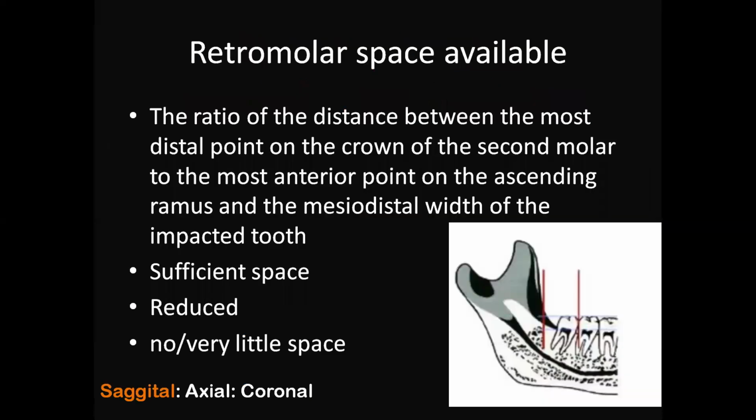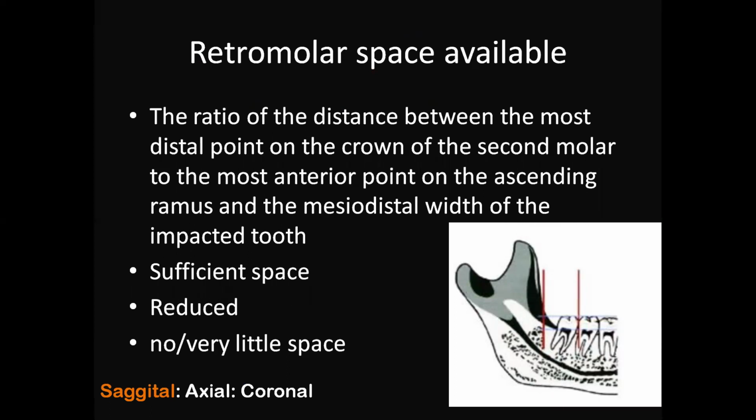Now, the next thing is the retromolar space available. When we say retromolar space available, that means the space present from the distal portion of the second molar to the initiation of the retromolar pad area, the anterior part of the ascending ramus. There needs to be a sufficient amount of bone.